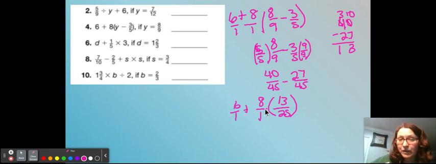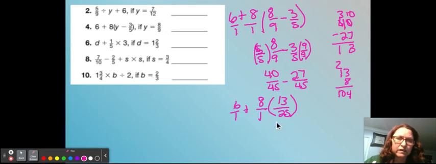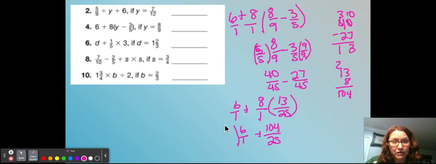So now I have to do multiplication next because I'm done with my parentheses. So 8 times 13, I don't know what it is. 24, 8, 9, 10. So it's 104 over 45 plus 6 over 1. Now I have to get a common denominator, which is going to be 45, which is pretty big.